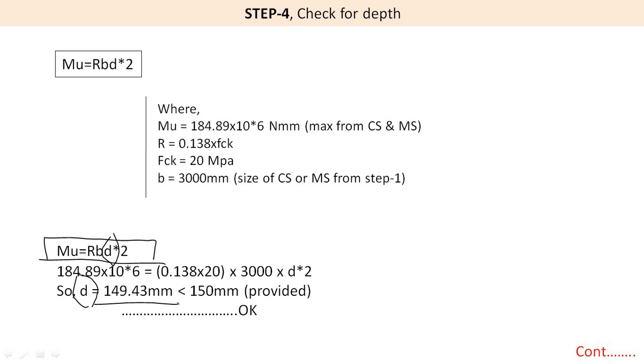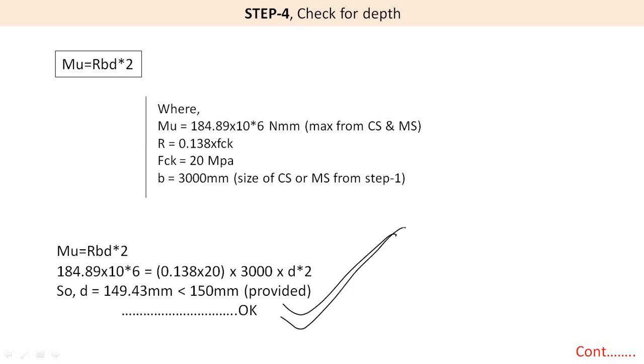So it is okay. If the depth d comes more than 150 mm, then we have to redesign, but in our case it is less than 150 mm, so it is safe. So we will proceed with this only.